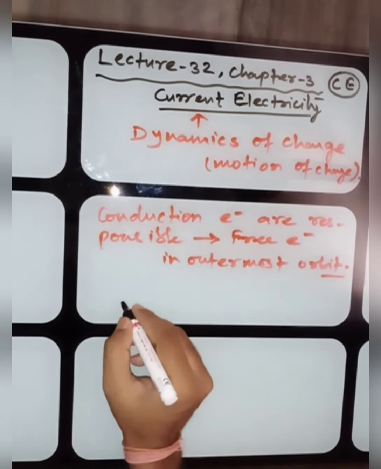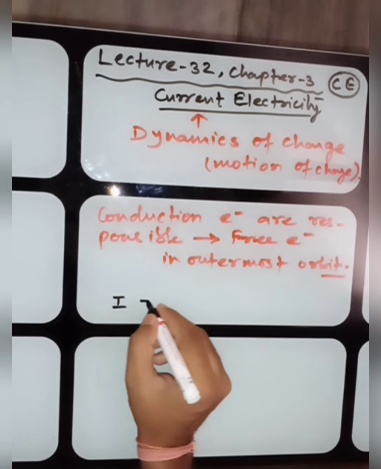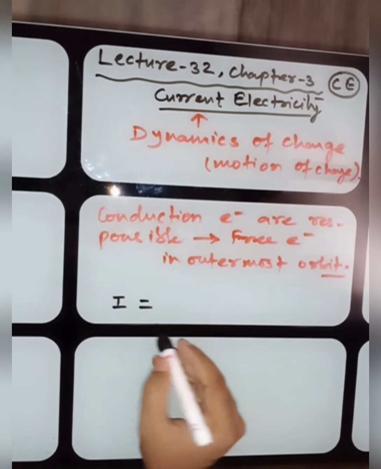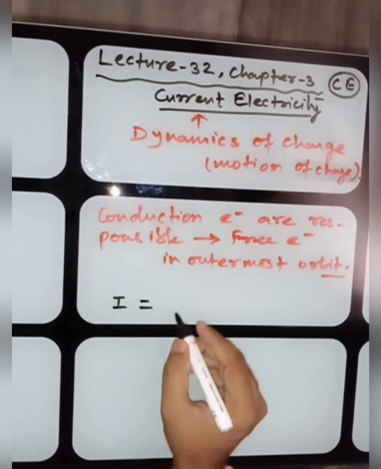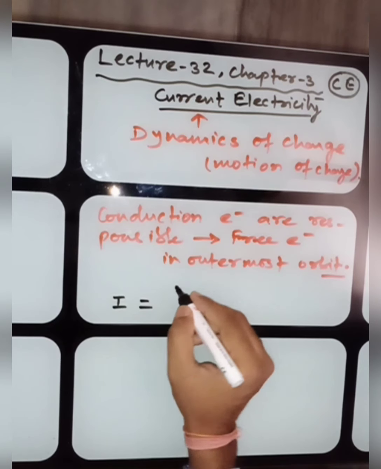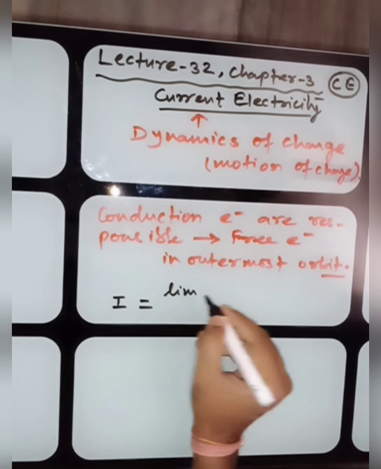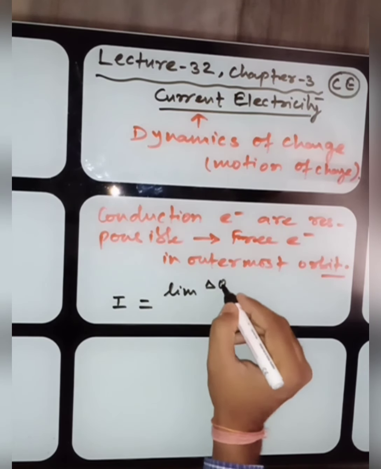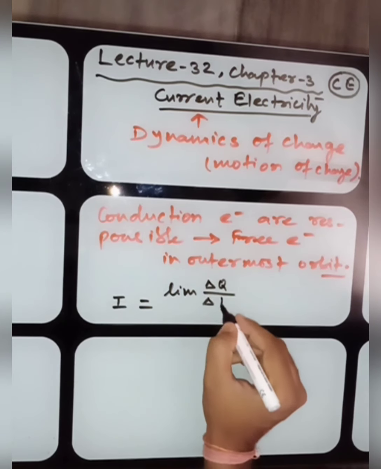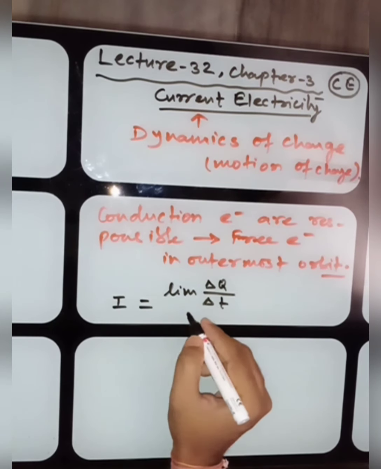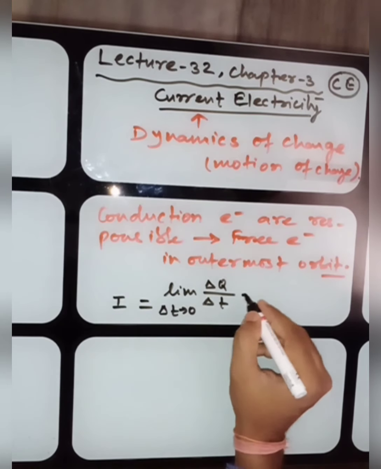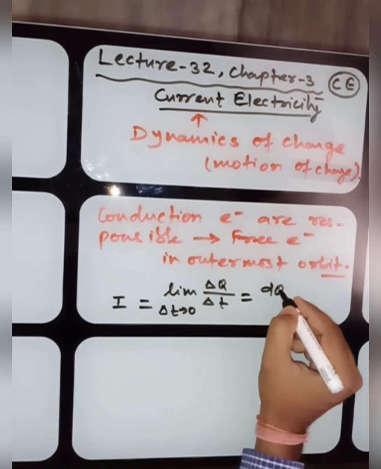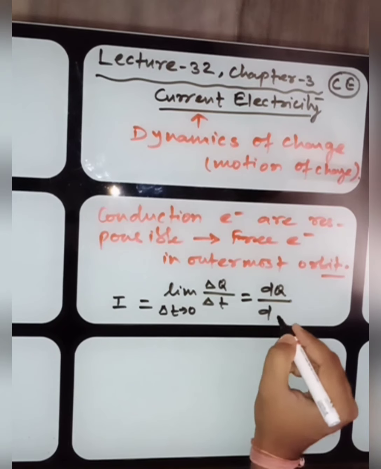So if you try to write it mathematically, here we are representing electric current by I. Thus it can be represented as I equals, using the limits, a small amount of charge in a small time. If you let the charge move within that particular time, this will give you the rate of charge.